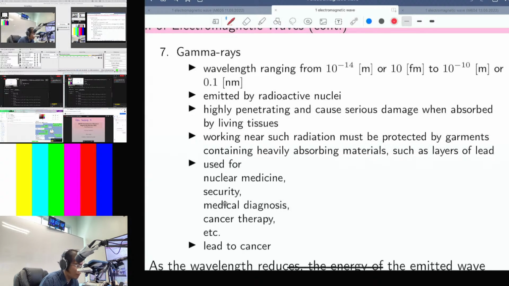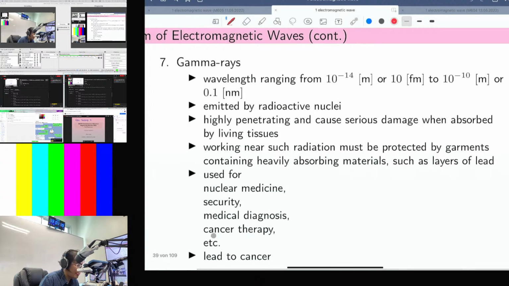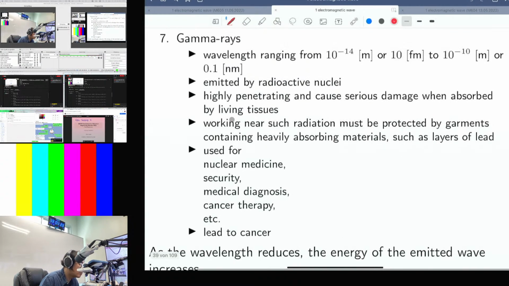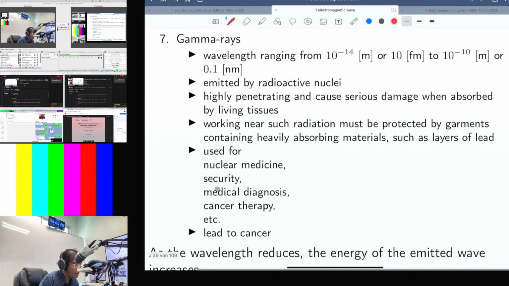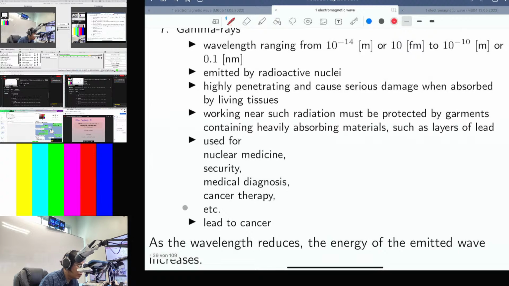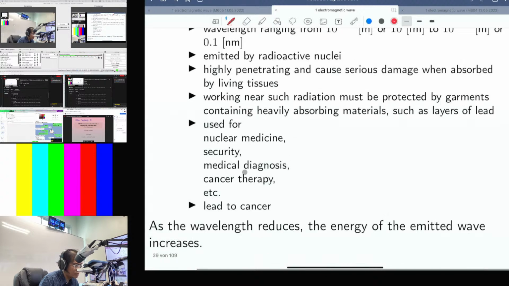It's used also for medical diagnosis and to cure some types of cancer. There are also other applications of gamma rays. But if you absorb the gamma rays accidentally, you may get cancer easily. Okay, that's the bad thing.